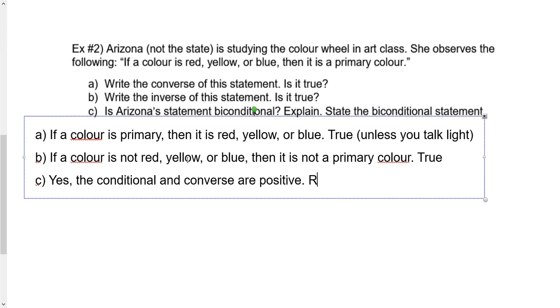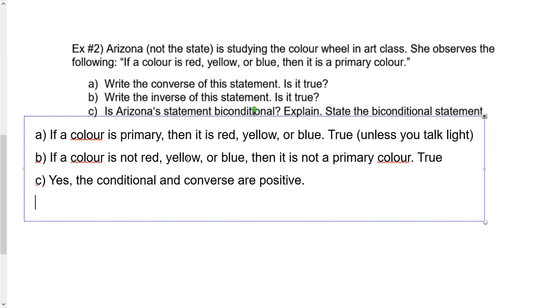So there are different ways that we can write it. The colors red, yellow, or blue.